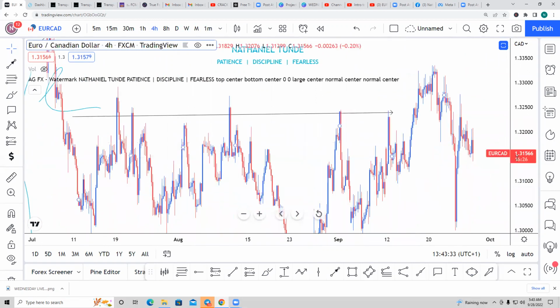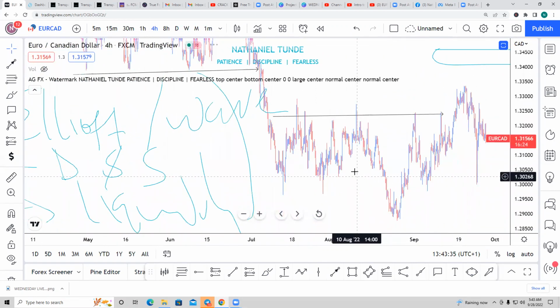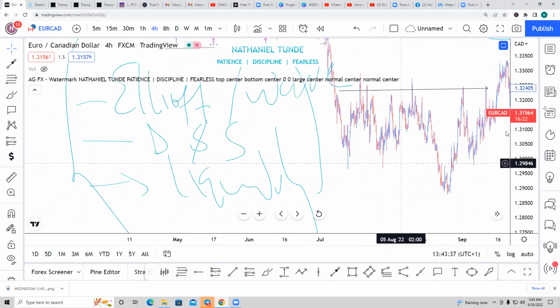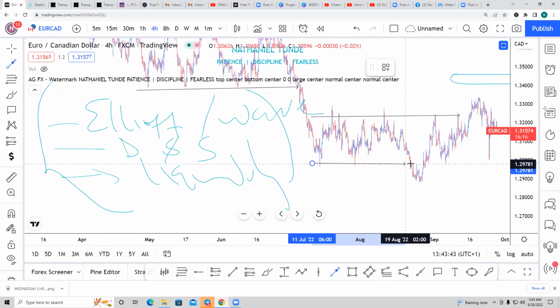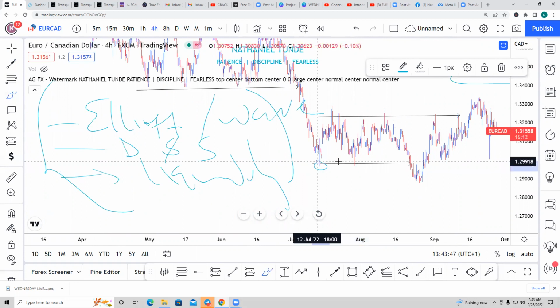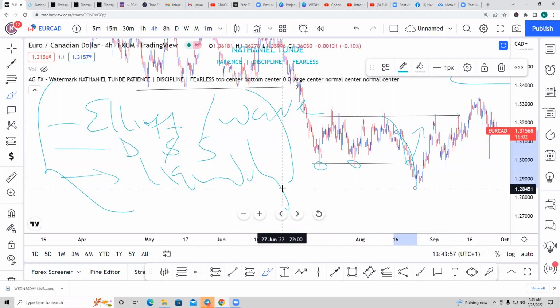There's something that is very, very important that you must note. Okay, let me give you from the buy side liquidity. Do you see this equal low, double bottom here? All right. So when this market comes to this level, a lot of people will want to buy here. Okay. Do you see what the market did? It took them out.